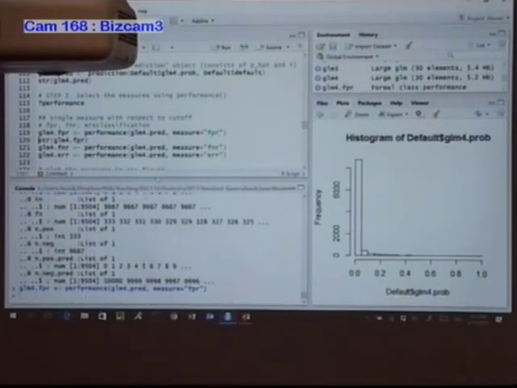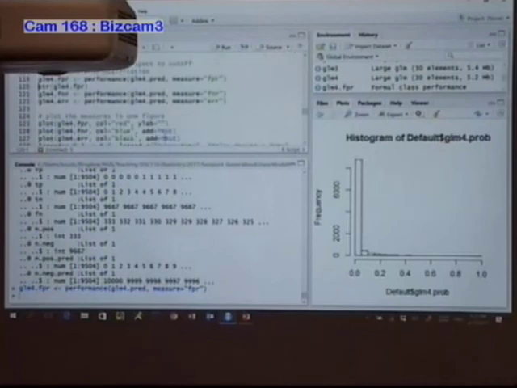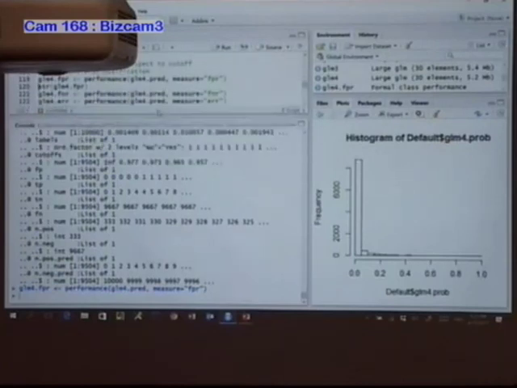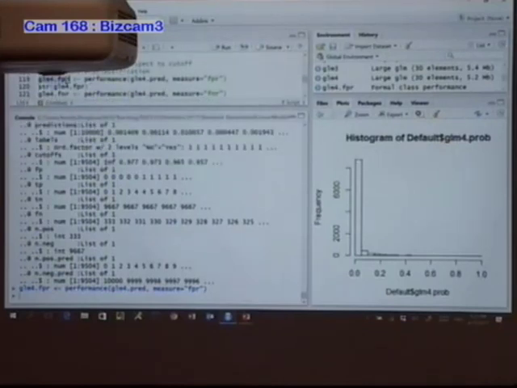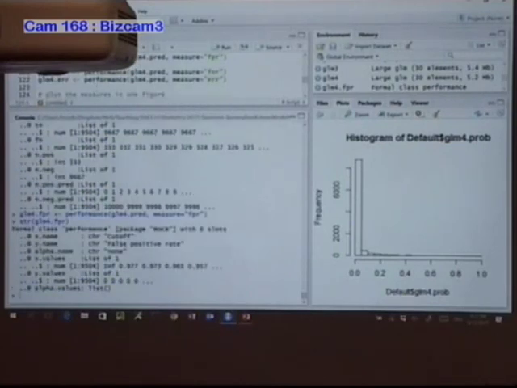Let's see what the outcome is. I'm saving that here, and let me see what's inside. What's inside here is I'm plotting false positive rate. X is my cutoff by default. If you don't specify X, that's going to be the cutoff. Y will be the false positive rate because you said that.